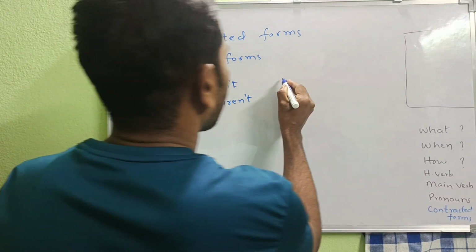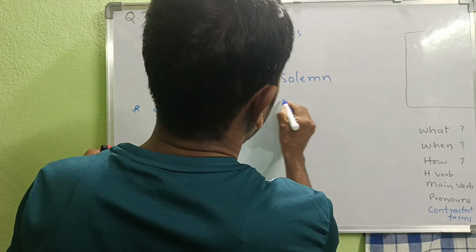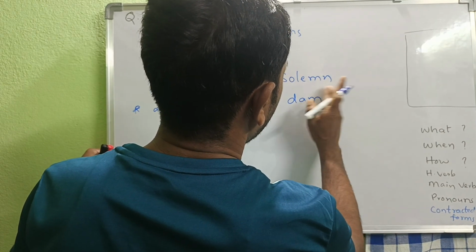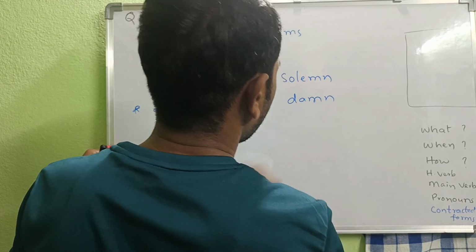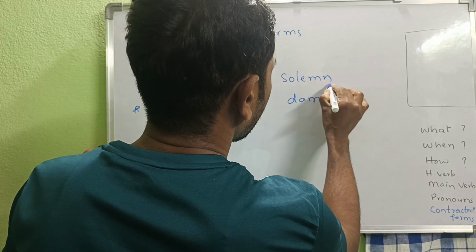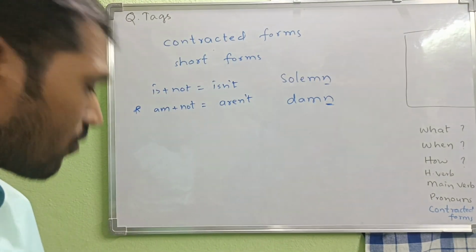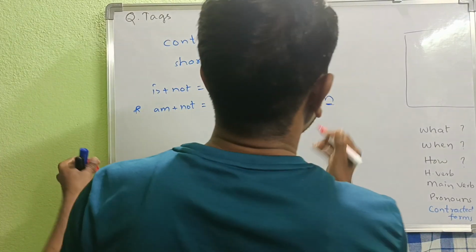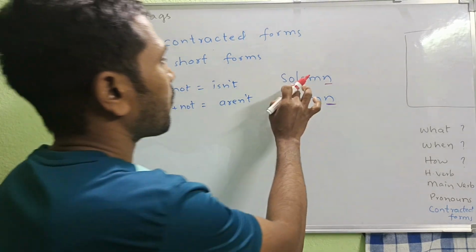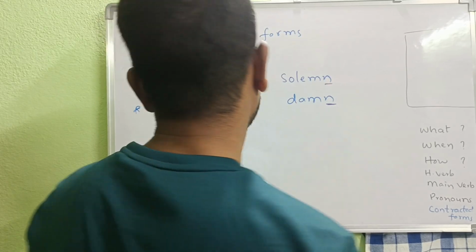Why? Because when we see some words, here are some examples. Let's see. Here, the underlined word is silent. In these words, we say this word is pronounced as solemn, or this word is pronounced as damn.